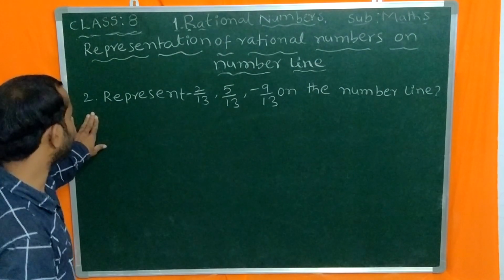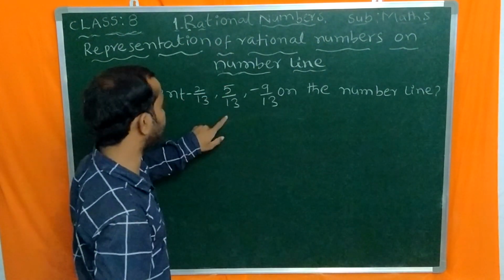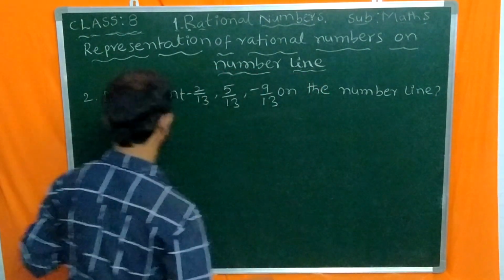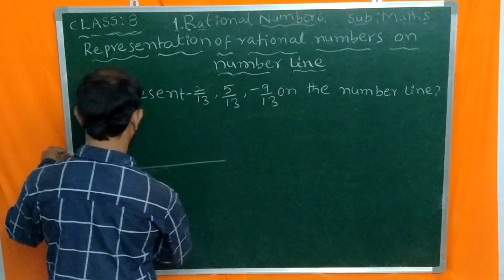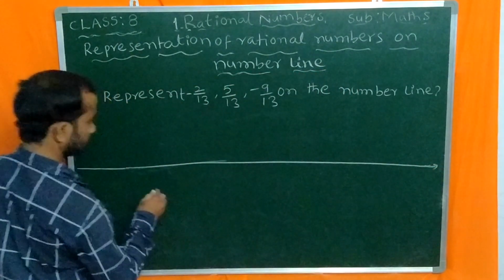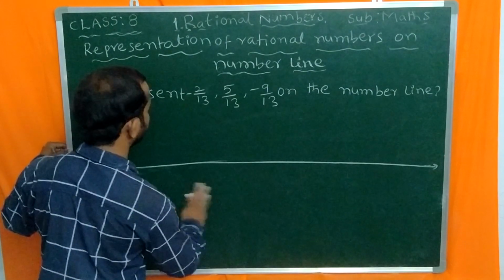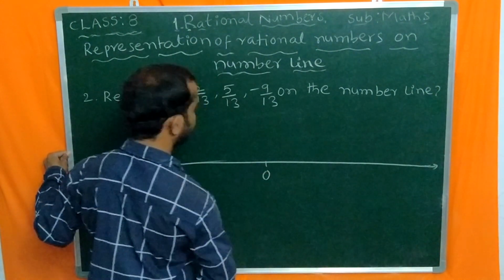Next, second problem. Represent minus 2 by 13 plus 5 by 13 plus minus 9 by 13 on the number line. So first of all, draw a number line. On this number line, the midpoint is 0.